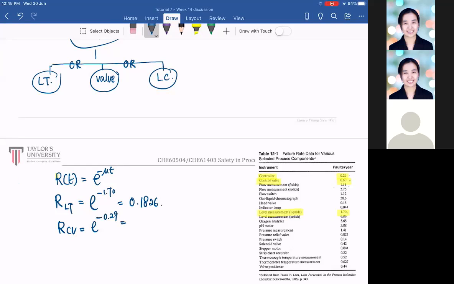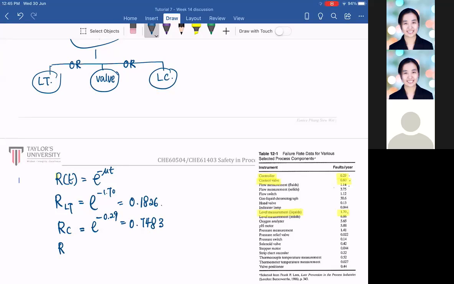Reliability of the controller, 0.29. I think we have it earlier, 0.7483. And this is the controller, not control valve.